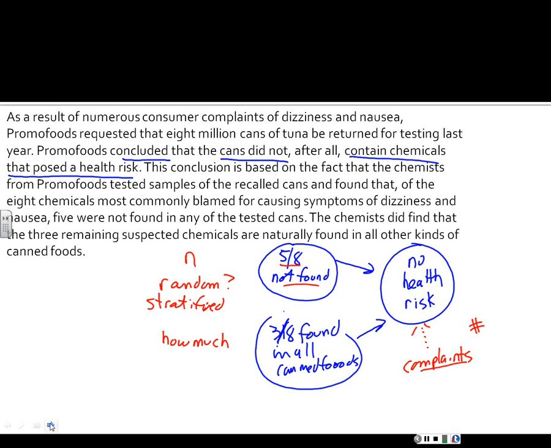So what I'd like to know is, is there significantly more of any one or more of these chemicals in Promo Foods canned foods than there is in other canned foods? There may just be some tolerance level that has been exceeded by the cans for Promo Foods. Well, anyway, there's just a few ideas you could use in something like this.